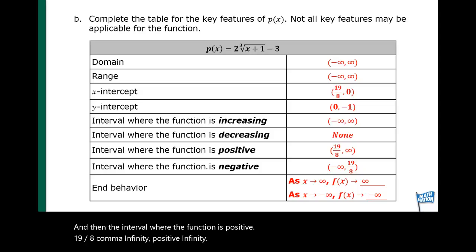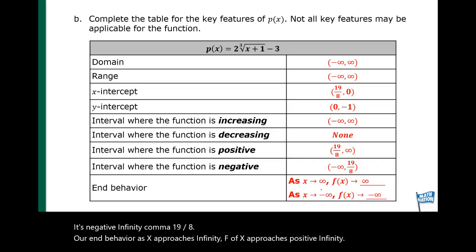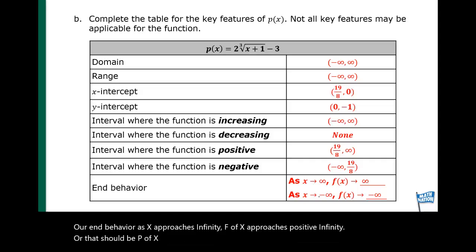And the interval where the function is negative, it's -infinity, 19/8. Our end behavior, as x approaches infinity, p of x approaches +infinity. And as x approaches -infinity, p of x approaches -infinity.